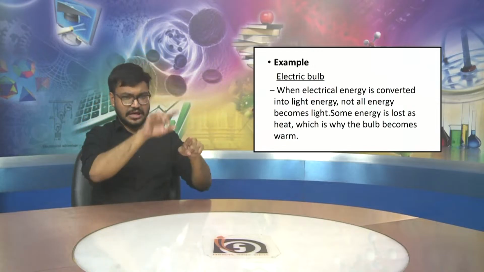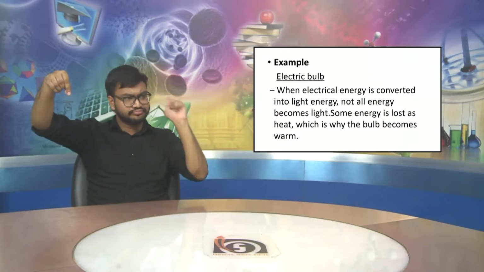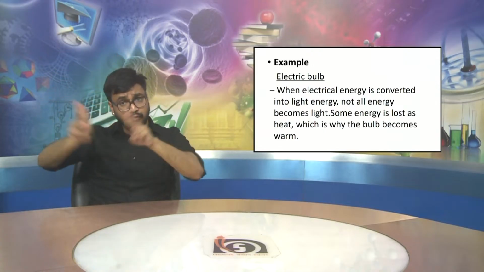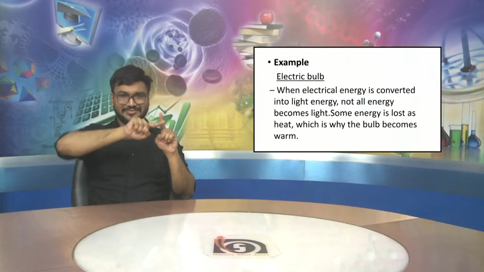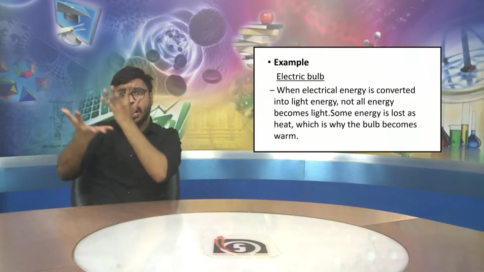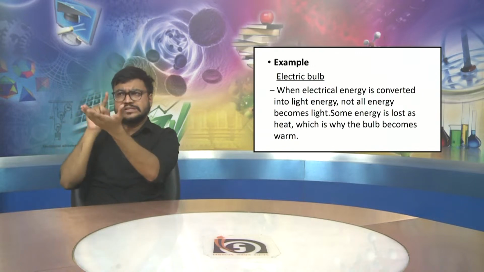When electrical energy is converted into light energy, not all energy becomes light. Some energy is lost as heat, which is why the bulb becomes warm.